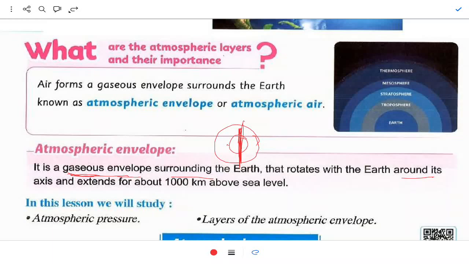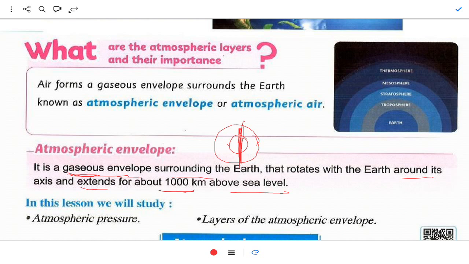This envelope extends for about 1000 kilometers above the sea level. We say above sea level, not ground level or anything else. We measure from the sea level.